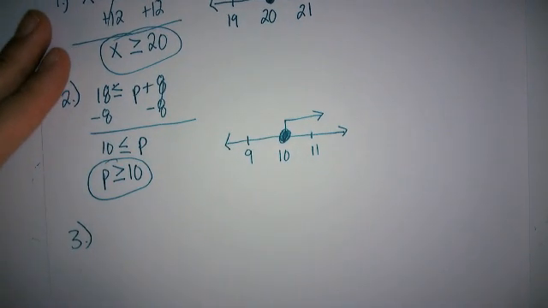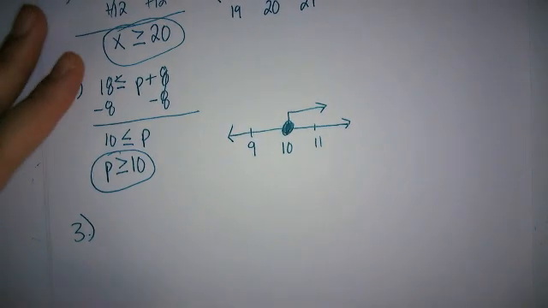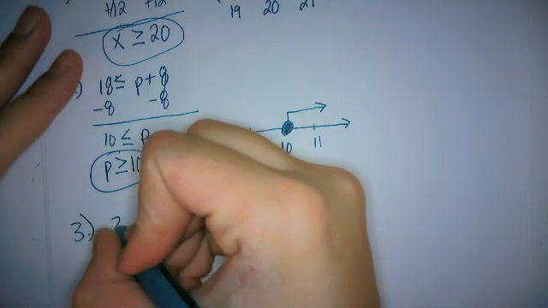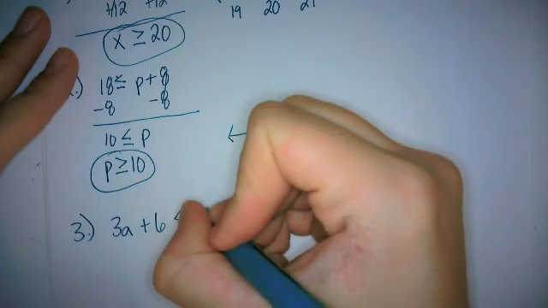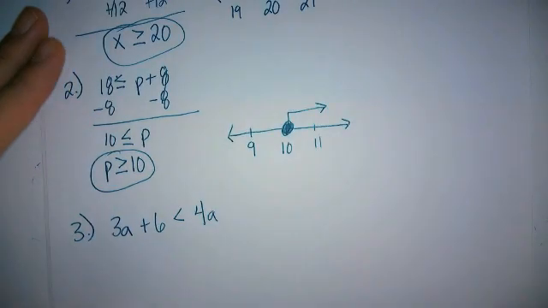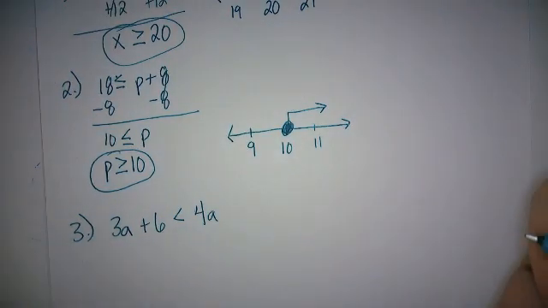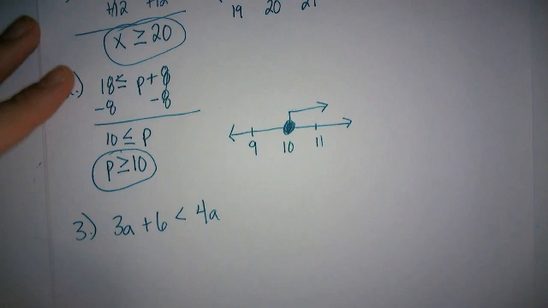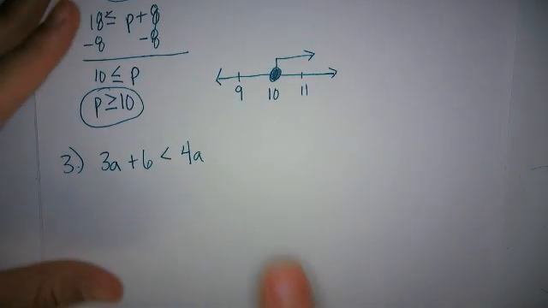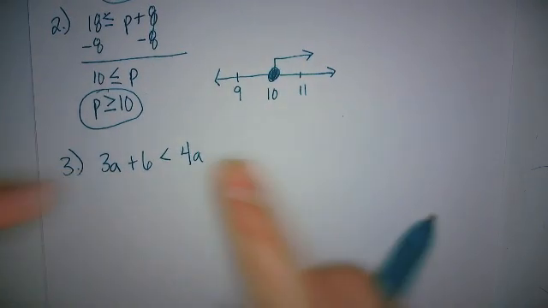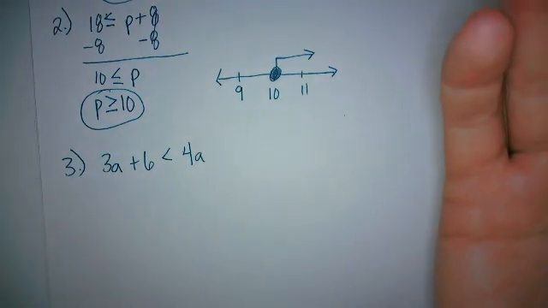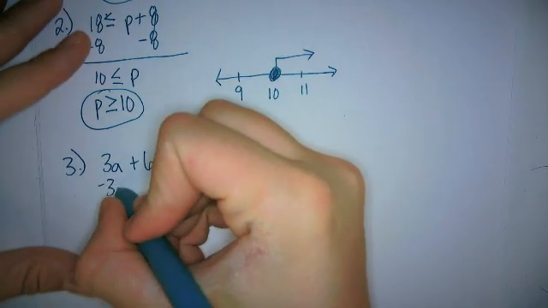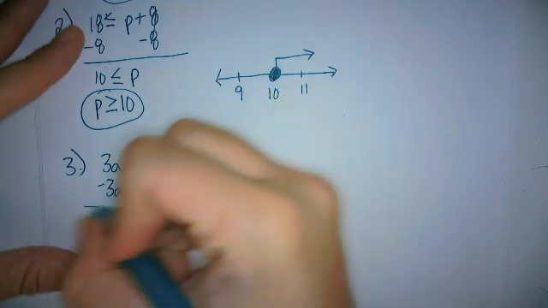All right, let's do just one more. I don't think we need to do very many more. Okay, so with this one, let's say I have 3a plus 6 is less than 4a. Okay, this time, notice that we don't have numbers on both sides, but we have our variables on both sides. So all we would do here, since we need 3a and 4a to be on the same side, I would just subtract 3a from both sides.